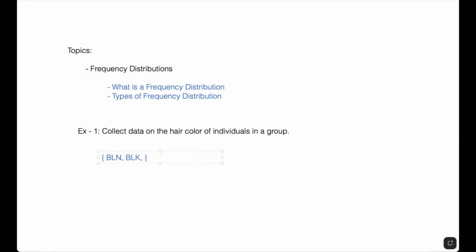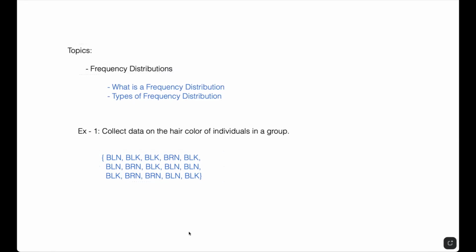Then black, then brown, then black, then blonde, brown, black, blonde, blonde, and then black, brown, brown, blonde, and black, okay? So let's say we have a data set like this.